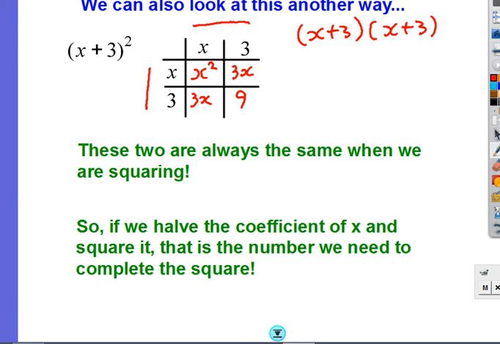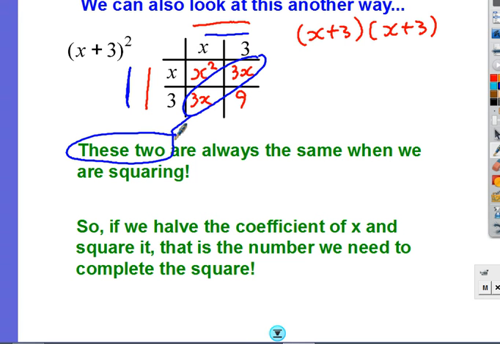Again, just see we've got these two here. Because we have the same in both lots of grouping symbols, we always get this doubling effect. These two are always the same when we're squaring, multiplying the same thing in the grouping symbols by itself.